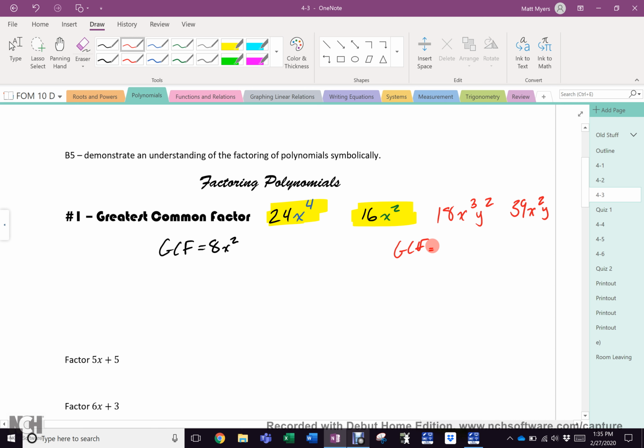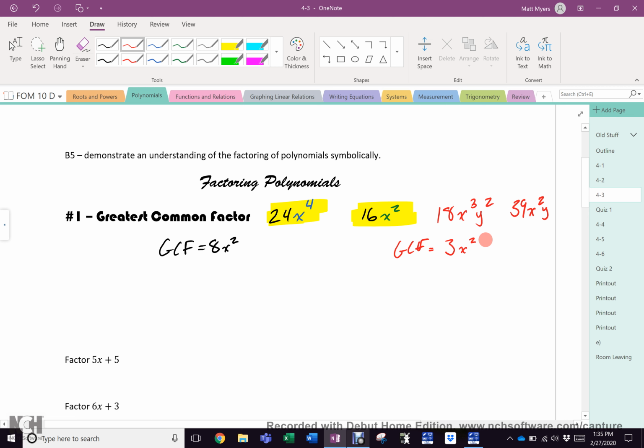Yes, it does. It's 13 times 3. That's why I chose 39, because it only has 4 factors. 1, 39, and 13, and 3. So, what is the GCF? We already know that it is 3. And?